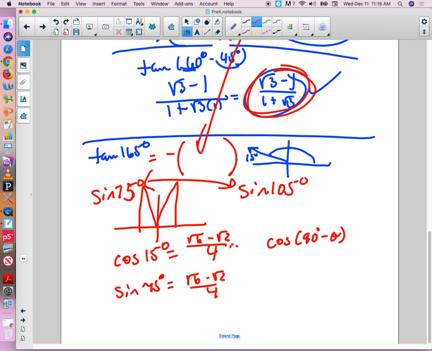What do these add up to? 90. Those are complementary. So if you have cosine of 15, it should be the sine of 75. You could use any of those identities, facts that you want to. Granted, you might be kind of scared to. You might think, well, I'm going to go in and work the problem. But if you're in a hurry, it's really cool to notice that.